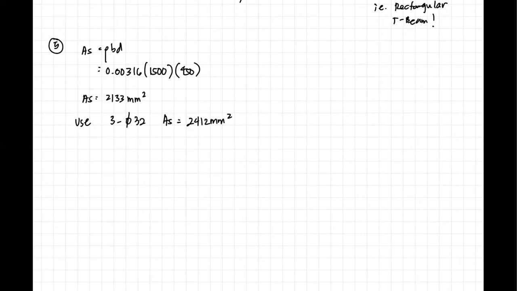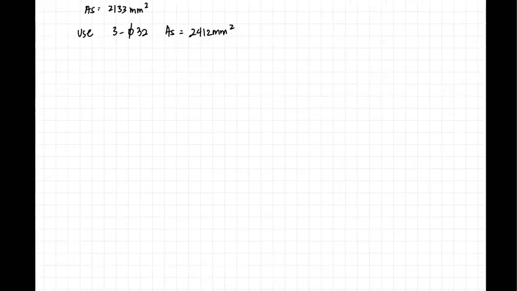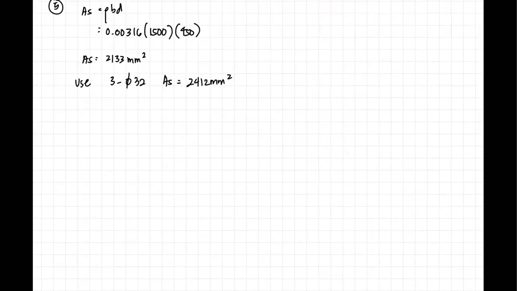Okay? So, once na meron na tayo niyan, i-check na natin yung kanyang adequacy, ano, doon sa NSCP requirement natin. Or kunin natin yung a. So, a is equals to As fy over 0.85 f'c b. Again, yung b natin dito, since rectangular T-beam ang assumption natin, bf to. Okay?